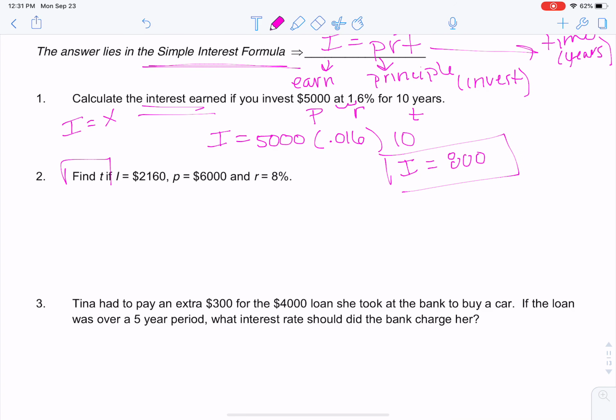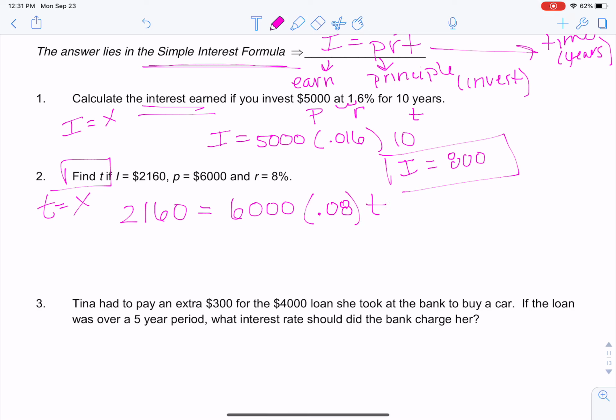It's telling me to find the time. So I know that T is going to be missing. My interest, my I, is 2,160. My P is 6,000. My rate as a decimal is 0.08. Make sure you're converting that. And the T is what's missing. Since I'm missing the part that's not by itself, I have to simplify this side first.